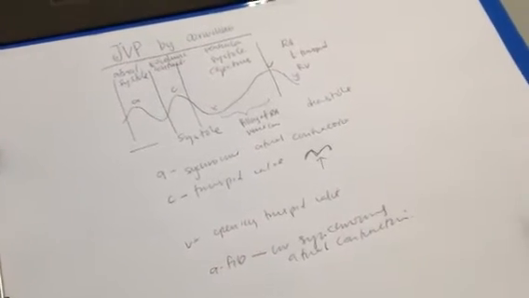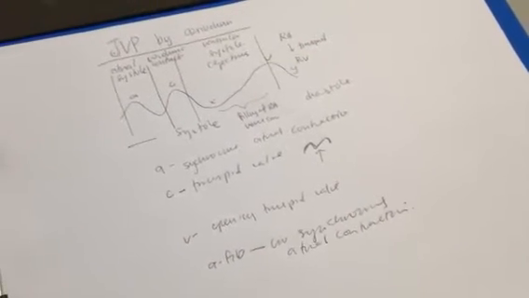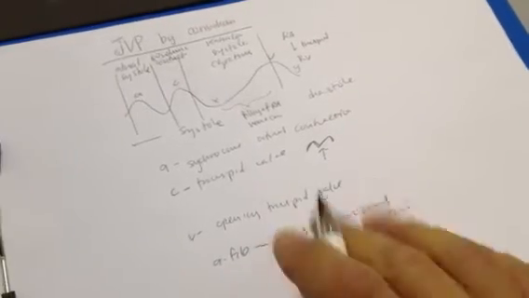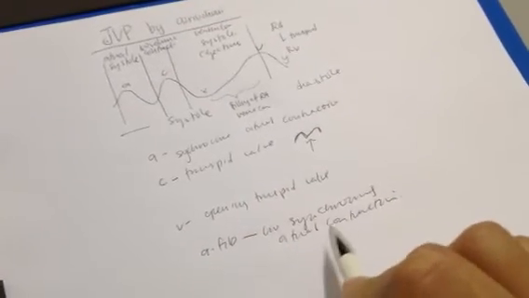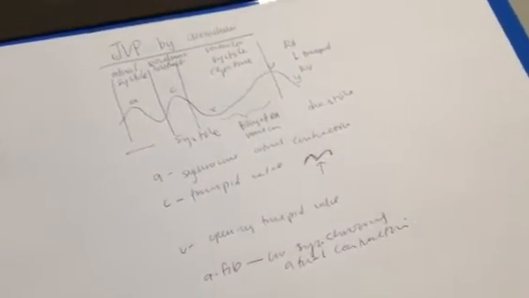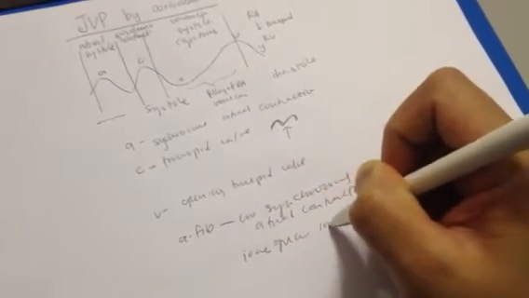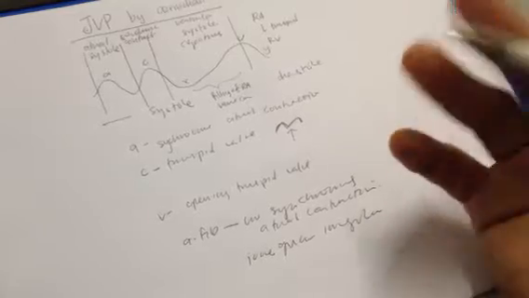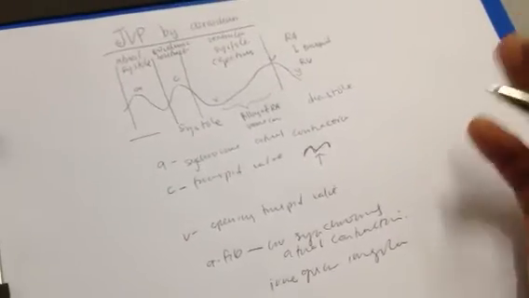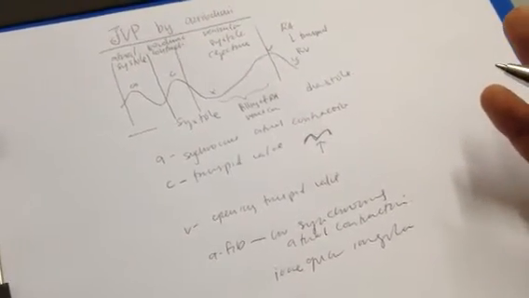So number one, when we examine JVP in AFib, there is no synchronous atrial contraction, no A wave. So when we feel the pulse in AFib, obviously we would feel it's irregular. So it's irregular, we know that it can be AFib.